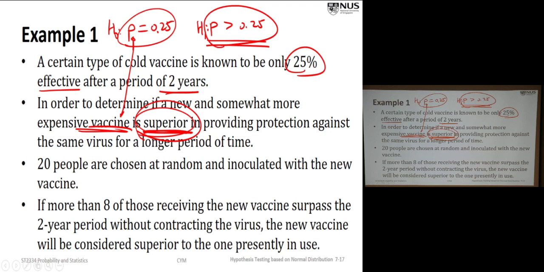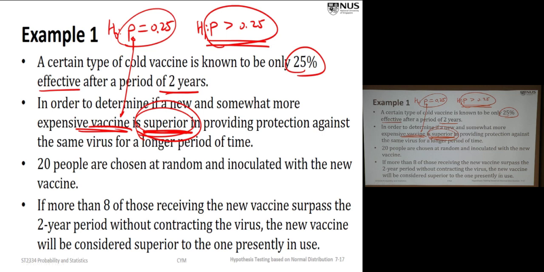If more than 8 of those receiving the new vaccine surpass the 2-year period without contracting the virus, that means if more than 8, not including 8, got protected after 2 years out of 20, then we consider that this new vaccine is really better, in the sense that the proportion of the population protected from this virus is higher than 1/4.